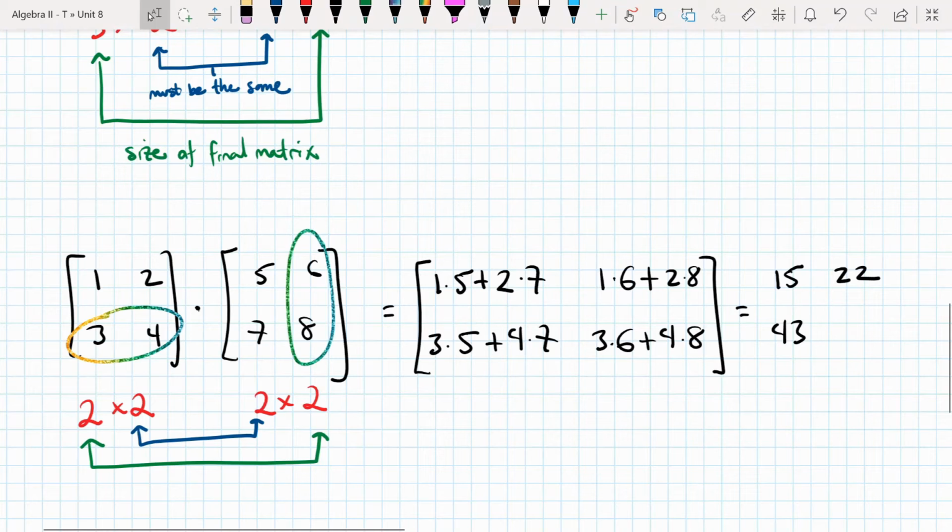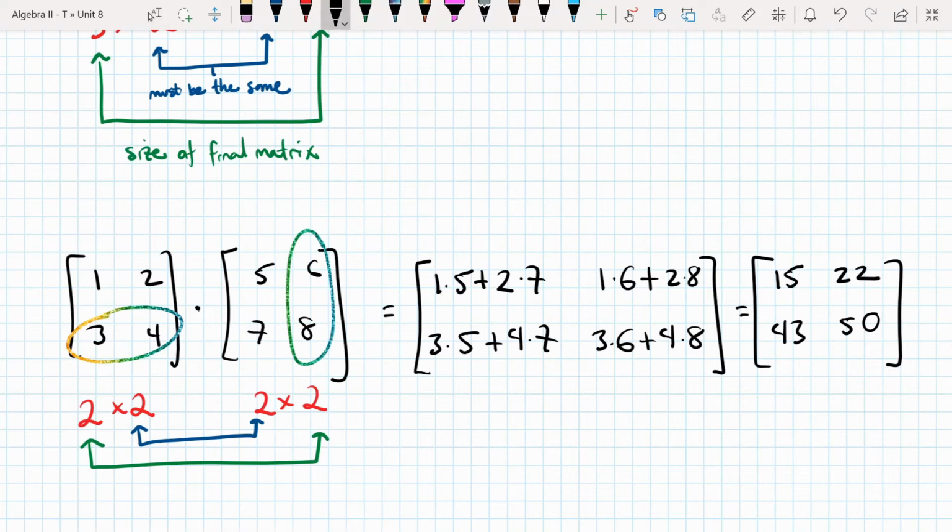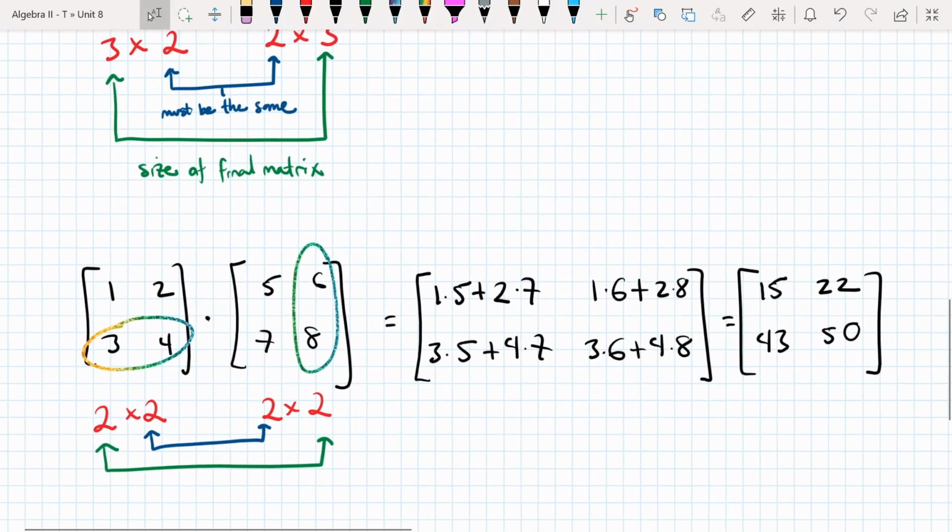And lastly, 3 times 6 plus 4 times 8 gives us 18 plus 32, 50. This is the result from multiplying these together.